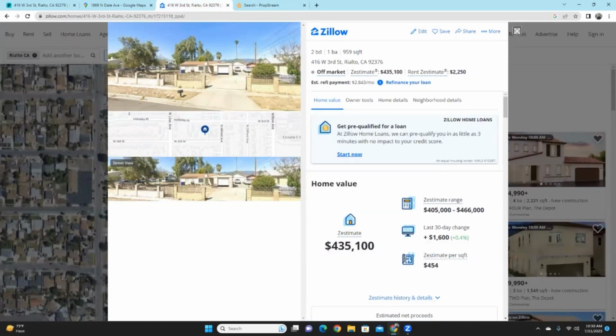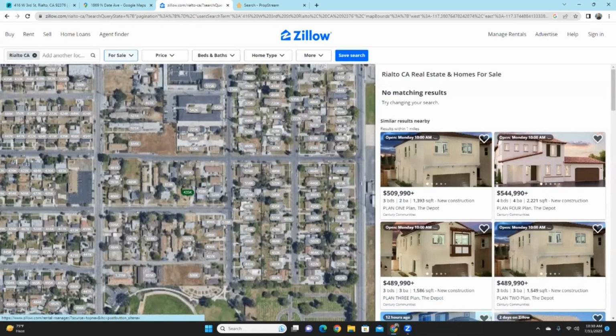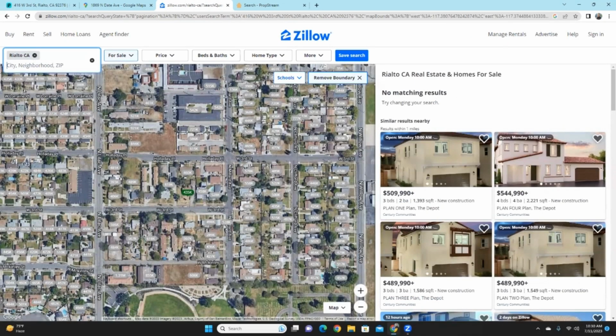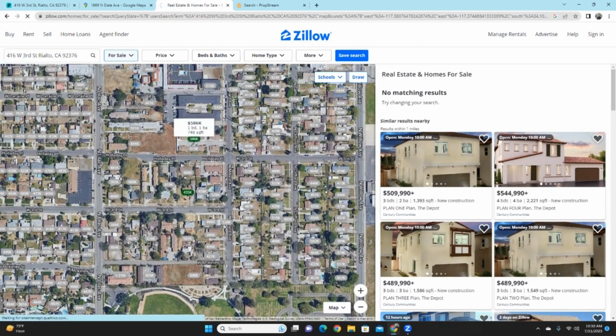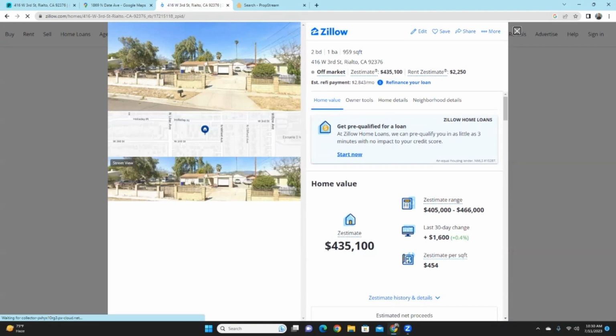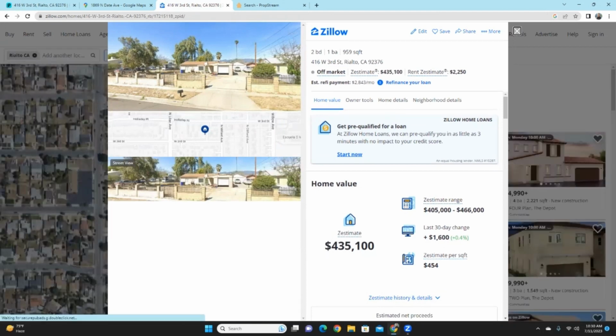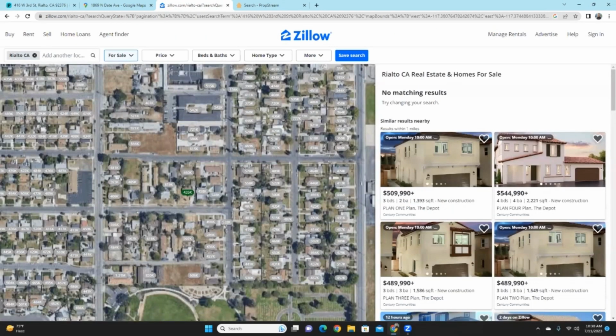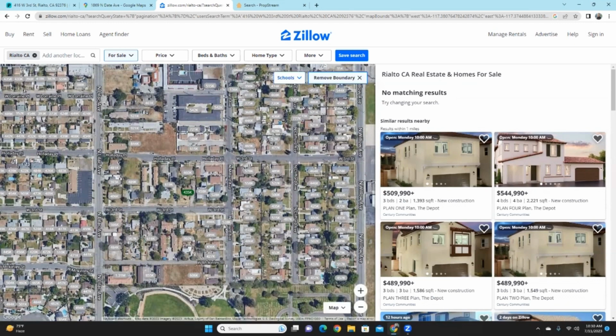So let's take a look now. Where was that house? 416 W 3rd Street. I want to see it on the map. Please tell me you got inside pictures. No. This is over here, right?